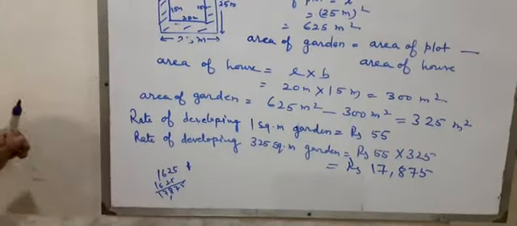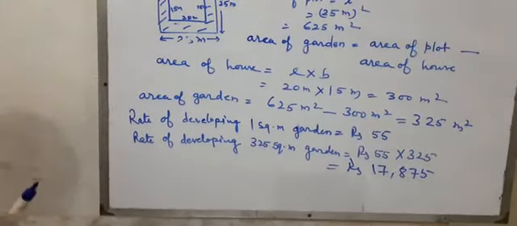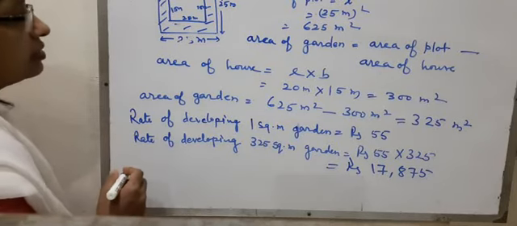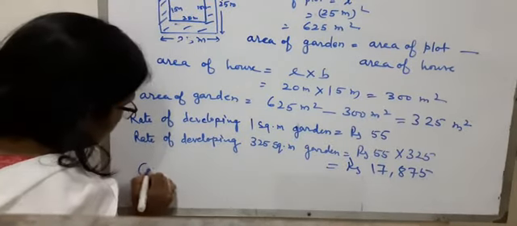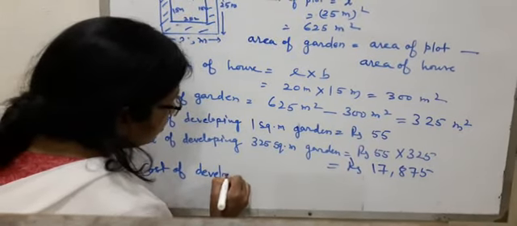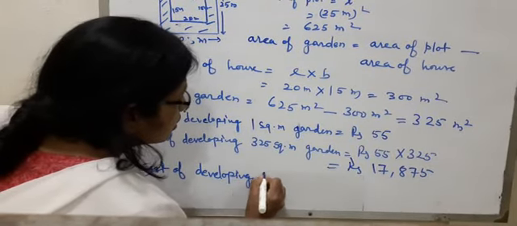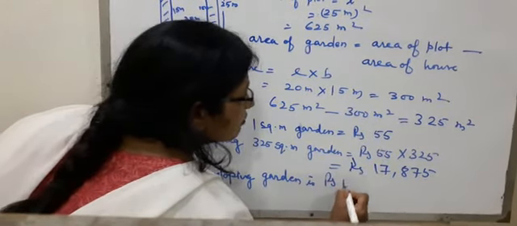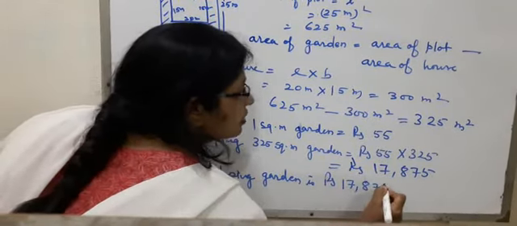So we write here answer: cost of developing garden is rupees 17,875.